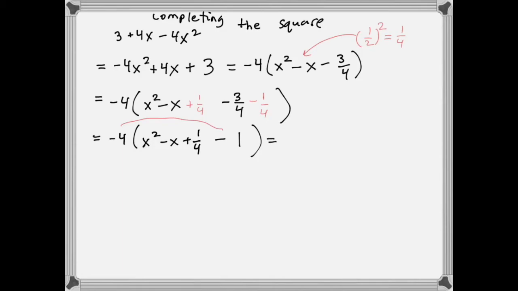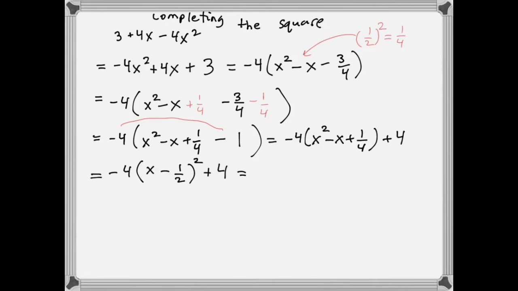So actually, we can write it this way. And finally, we can factor this inside. Remember, we did this so that we could factor it, and this factors to (x minus 1/2) squared. And then plus 4, which is the same as 4 minus 4 times (x minus 1/2) squared.